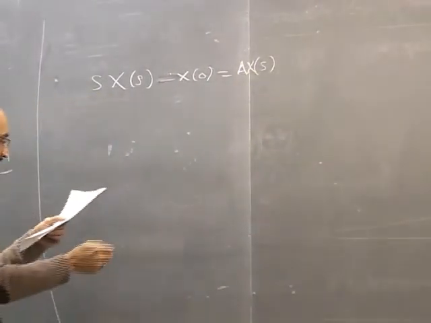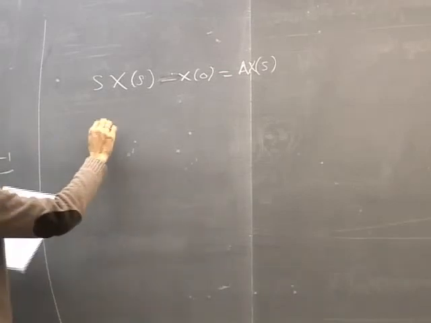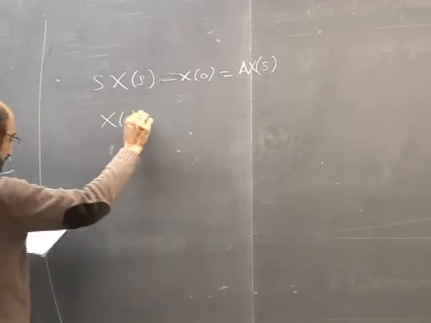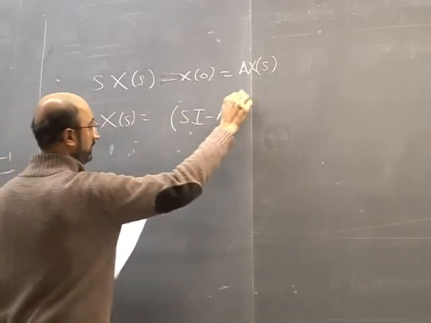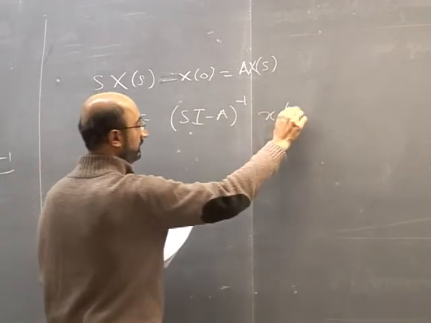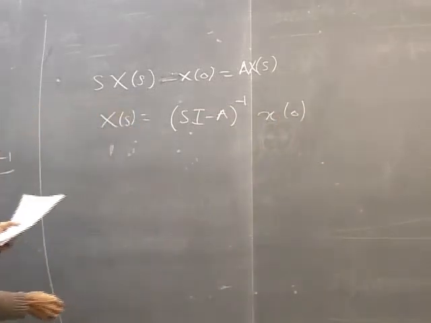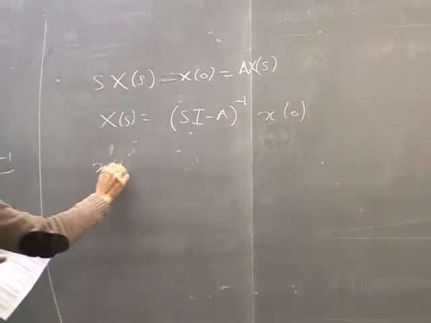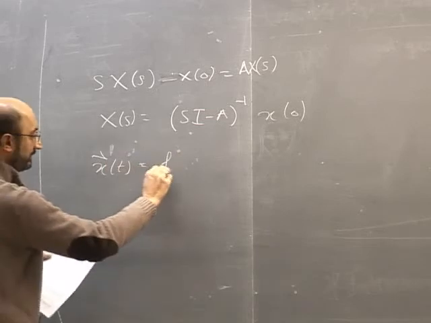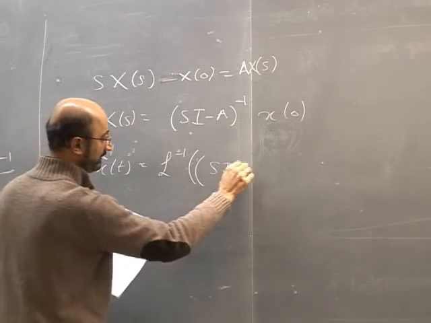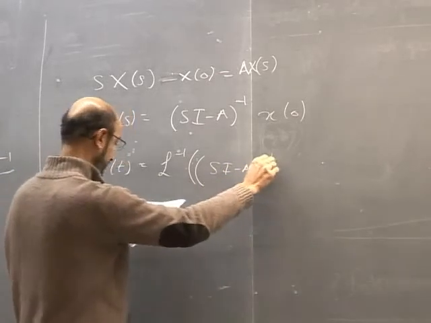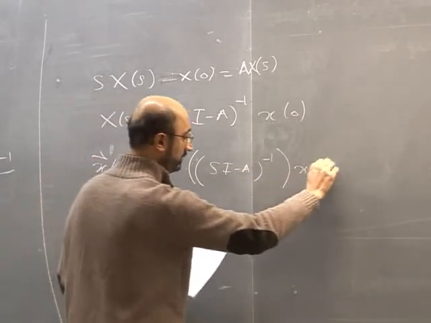And so if we move this over, we get X(s) equals (sI minus A) inverse x naught. Okay, and so x(t) in the time domain therefore becomes the inverse Laplace transform of (sI minus A) inverse, times x0.